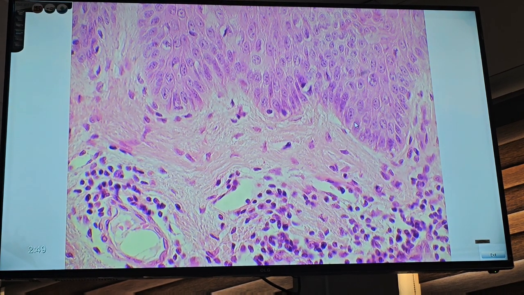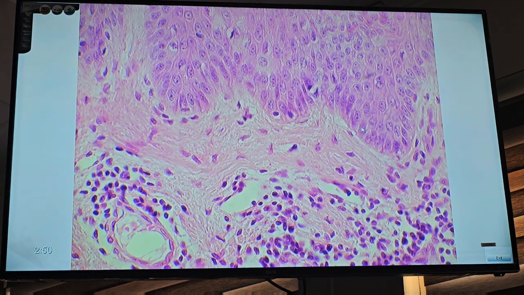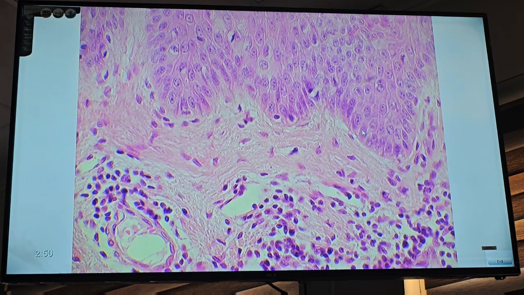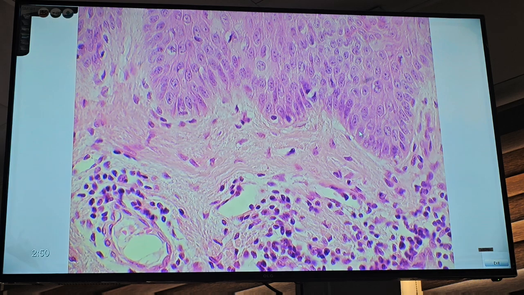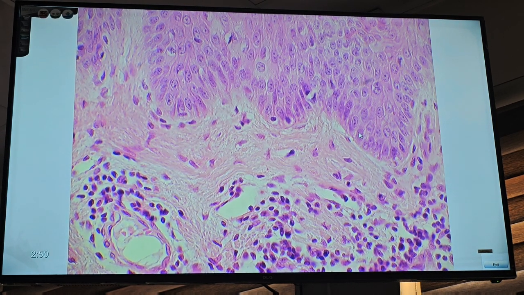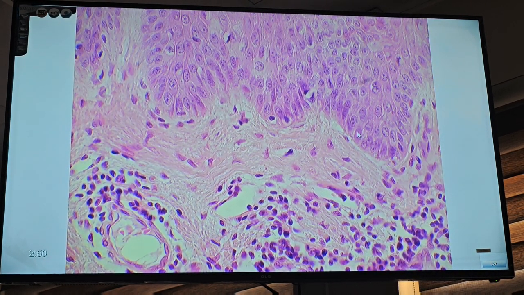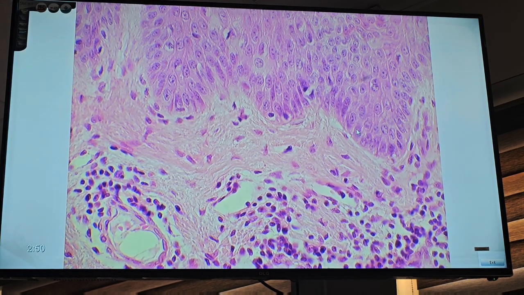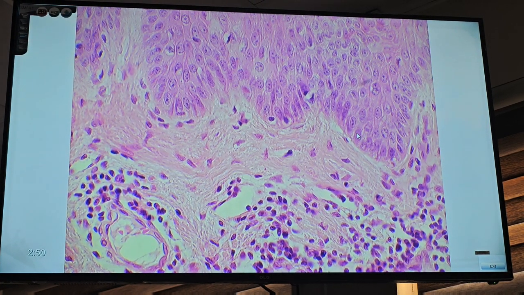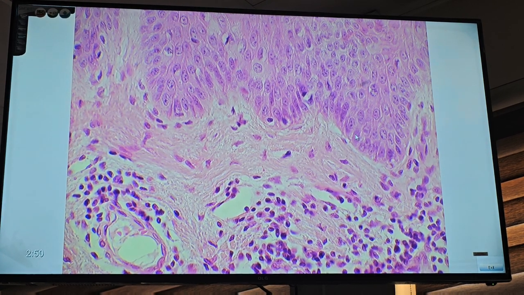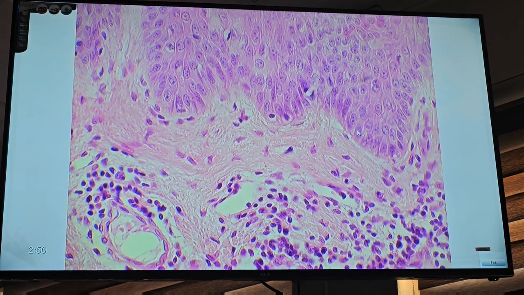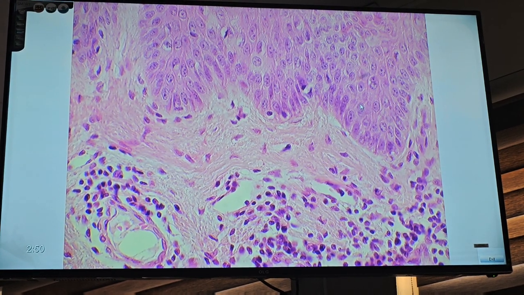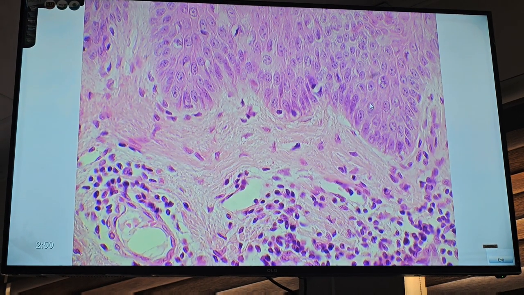Okay? Only the keratinocytes are the cells that undergo shedding from the fifth layer.